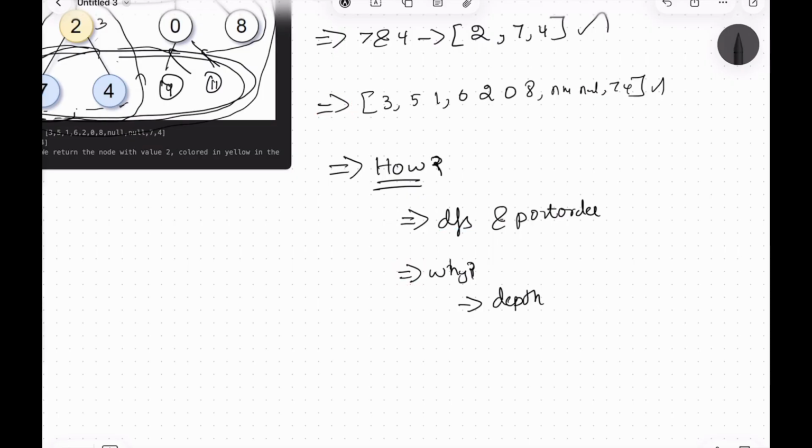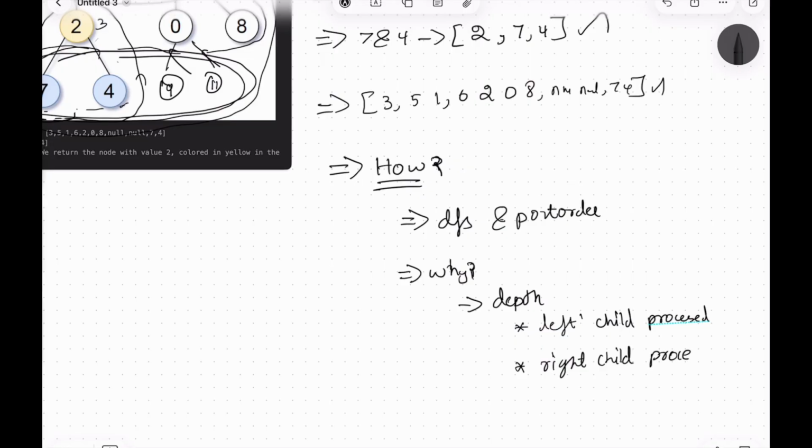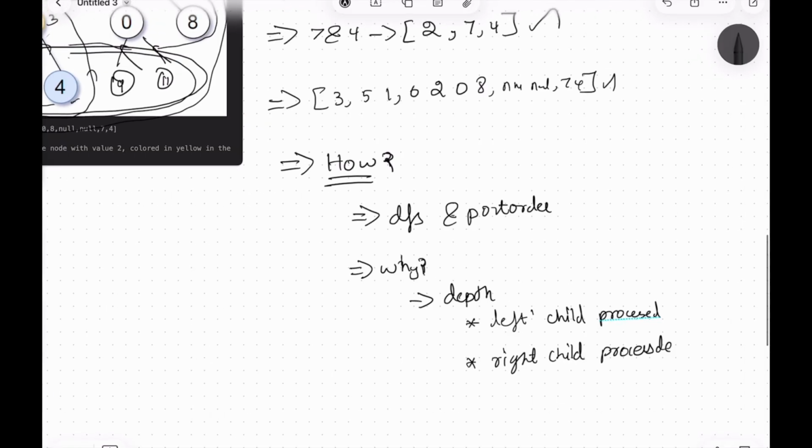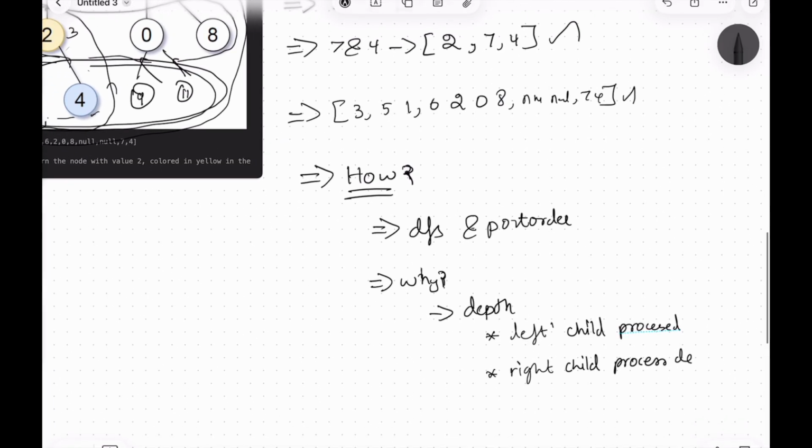For finding this depth and choosing the subtree, we have to be very careful, and we have to have the left child processed, followed by the right child processed, and then the node being processed. So these are majorly required for finding out the subtree as well as calculating the depth. Because of that we have to follow this post order.